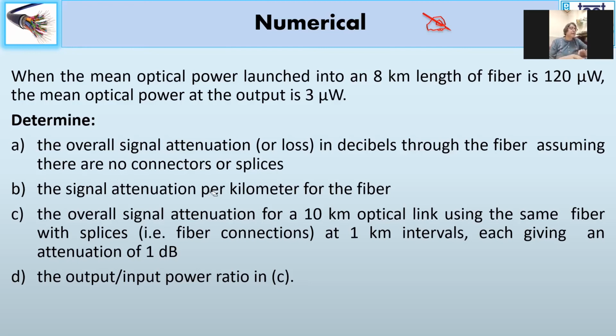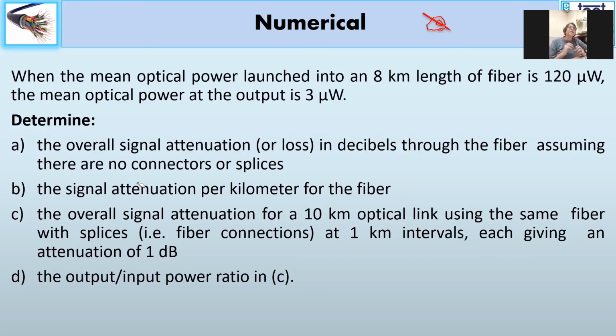The reason why the words no connectors and splices are used is that when you are making a connection, say laying down a fiber from Mumbai to New York, normally a fiber spool will be of a length of 100 kilometers, right? Beyond 100 kilometers, the distance is definitely not 100 kilometers. So how do we connect the fibers? By splicer joints or connectors. Connectors you can remove and reinstall.